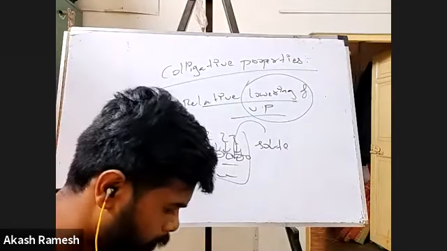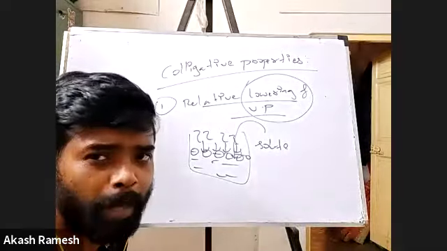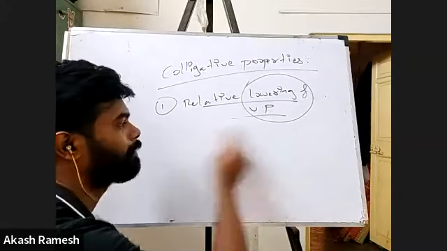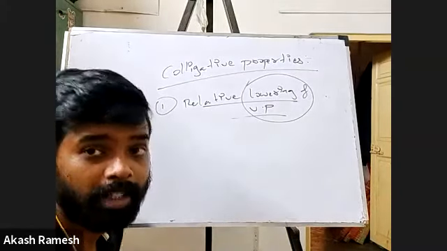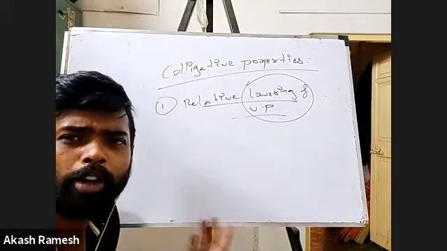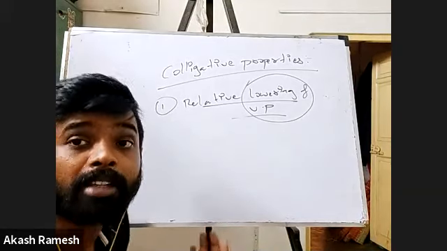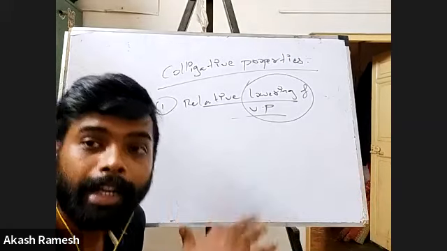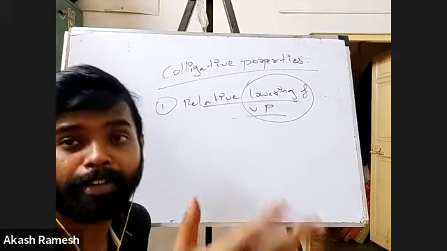Anybody has any idea? What do you mean by relative something? With respect to one, sir. Correct, right? With respect to one thing, we have to speak, or if I have to put it very simply, all we're going to speak about is the ratio. Relative humidity, relative vacuum, relative refractive index.